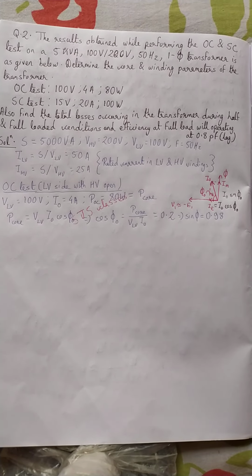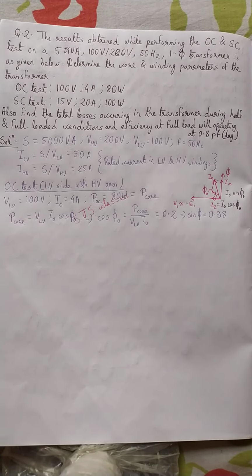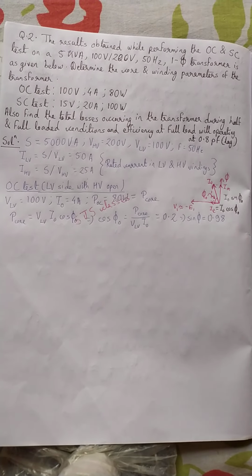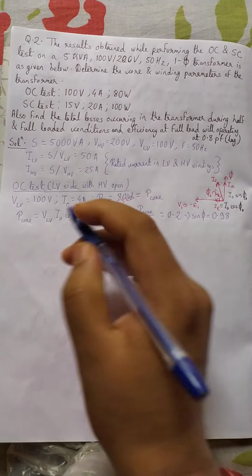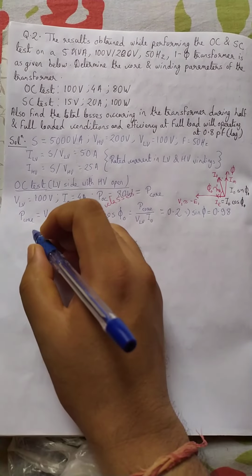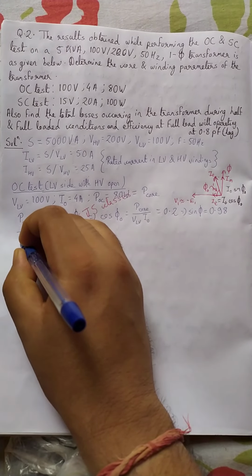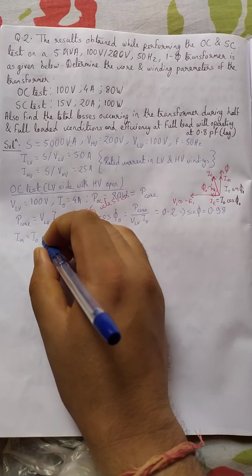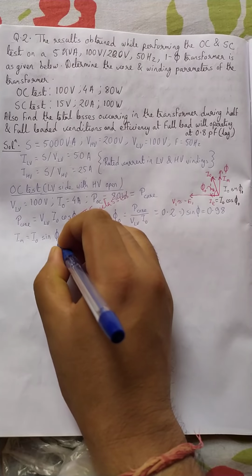So from that we would be finding out the magnetizing current and the loss component of the current from this data. Im will be equal to I naught sin phi naught.